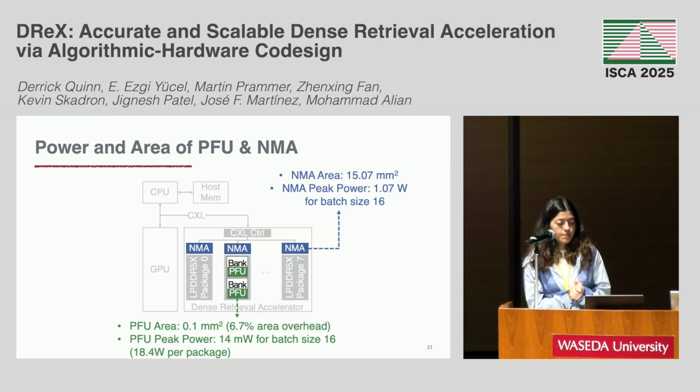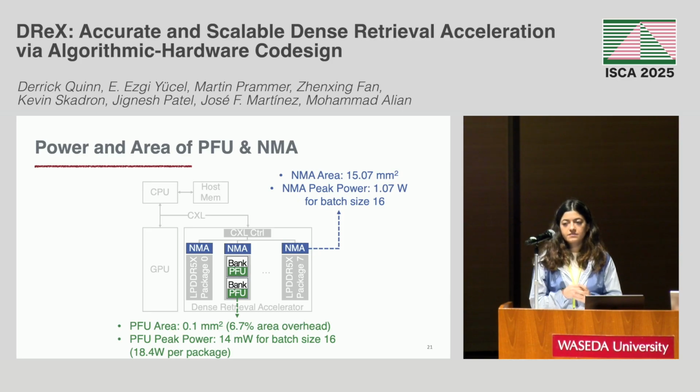A couple of power and area results of the PFUs and NMAs. Each NMA has a 15.07 square millimeter area, and its peak power is 1.07 watt for a batch size of 16. There are 8 NMAs in total per DReX.